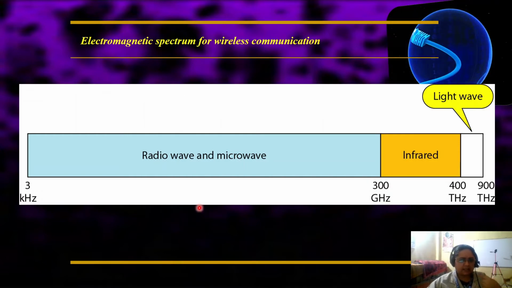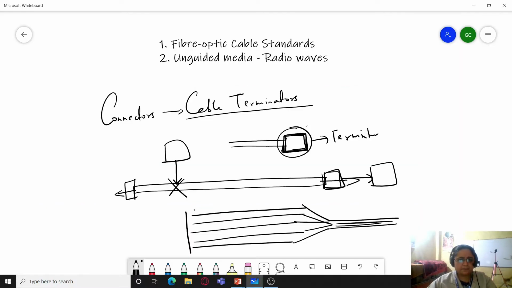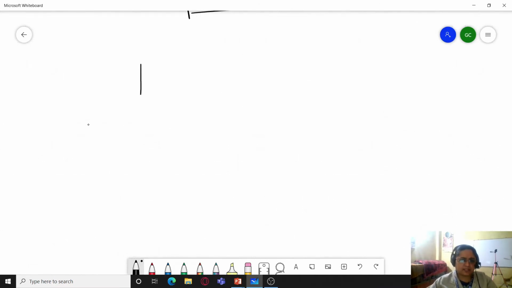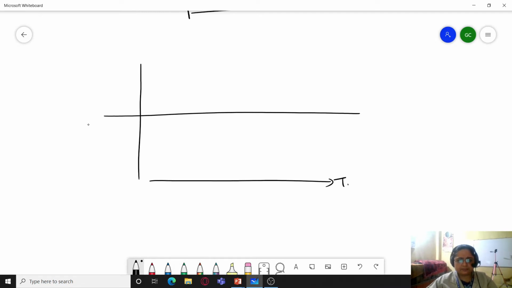It is the repetition of a wave, and it tells how many times a wave repeats itself in a definite amount of time. Like for example, this is the time and this is your intensity. So if you plot the waves on it, it would be like this. So this means one frequency, that is, it is one complete cycle.